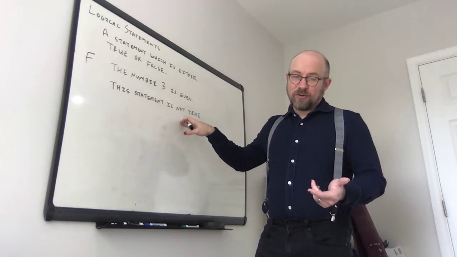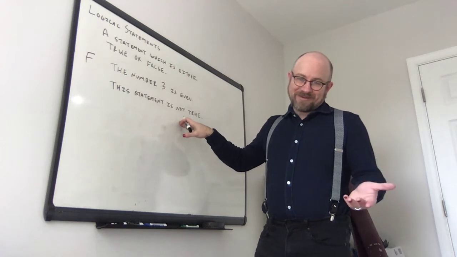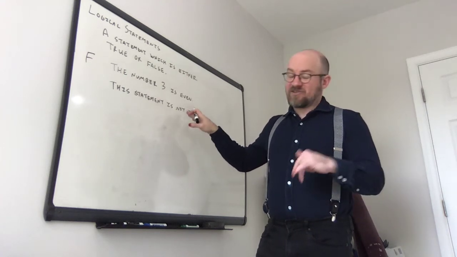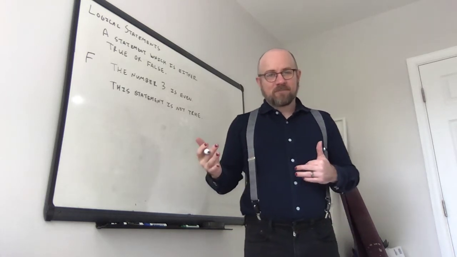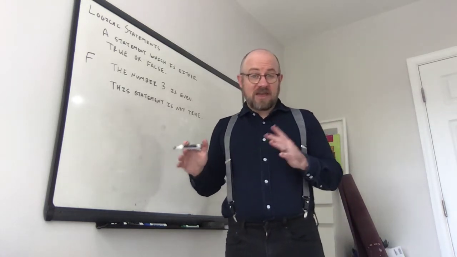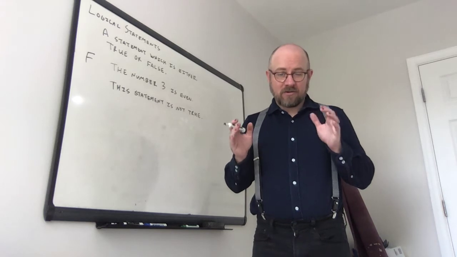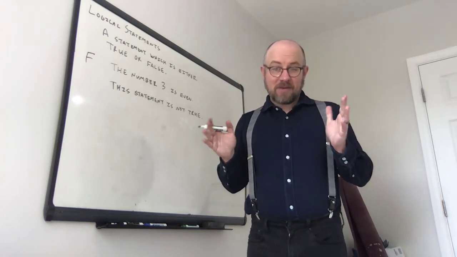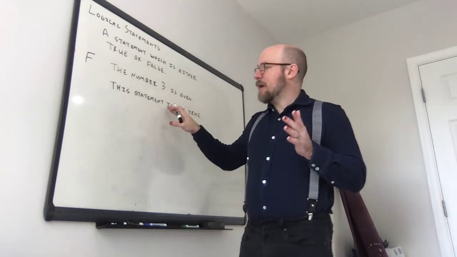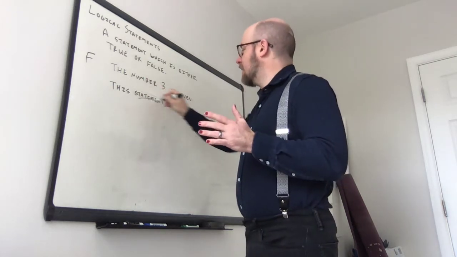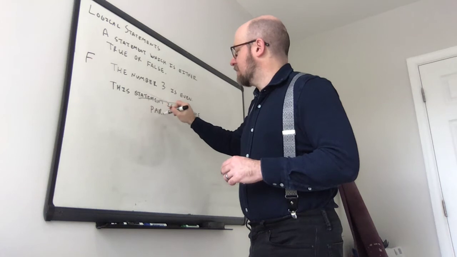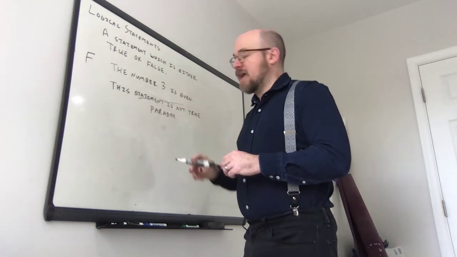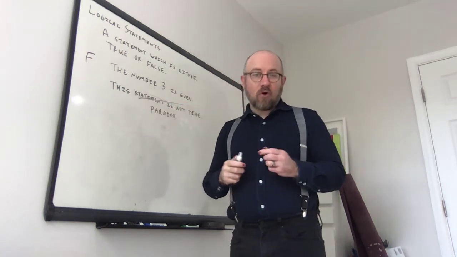So if it's true, then it's false. But if it's false, then it's true. And so there's no way that this can actually be true or false. It can't have one particular, what we call a truth value. It can't be one or the other. And so a paradox is not a logical statement. Okay, so this is called a paradox. So it's something that can't be true or false.